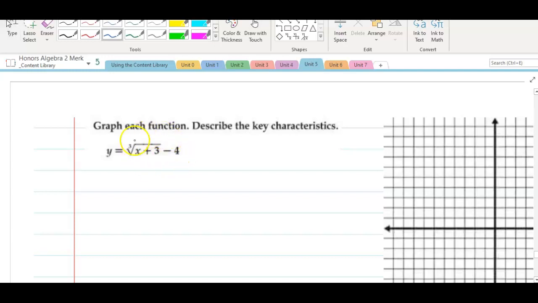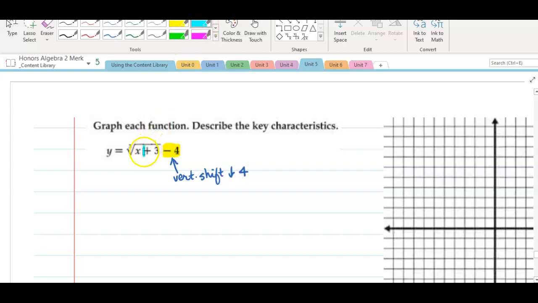All right, in our first example, it's very similar to what we were doing in the last video. Subtracting a number outside the radical is still going to cause that vertical shift down 4.